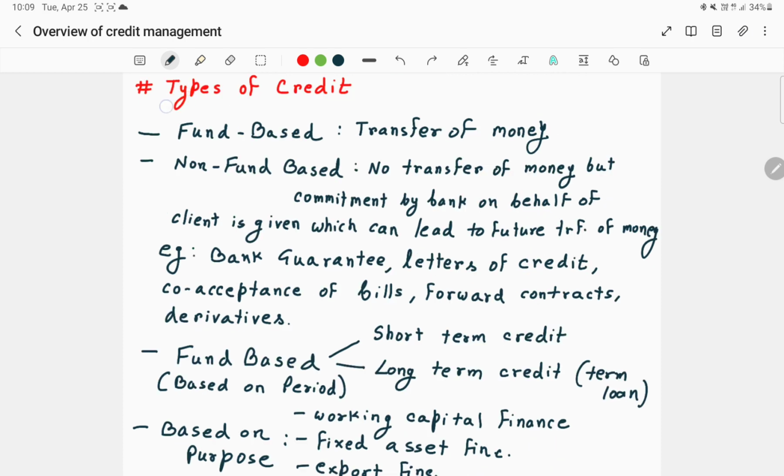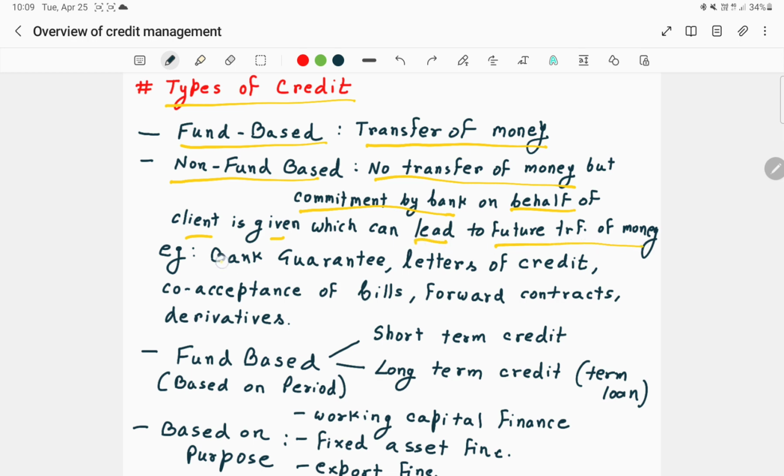Now we'll talk about types of credit. Credit is divided basically into two types: fund based and non fund based. Fund based means the money is transferred directly after opening the loan, and in non fund based no transfer of money is done, but a commitment by the bank on behalf of the client is given, which can lead to a future transfer of money.